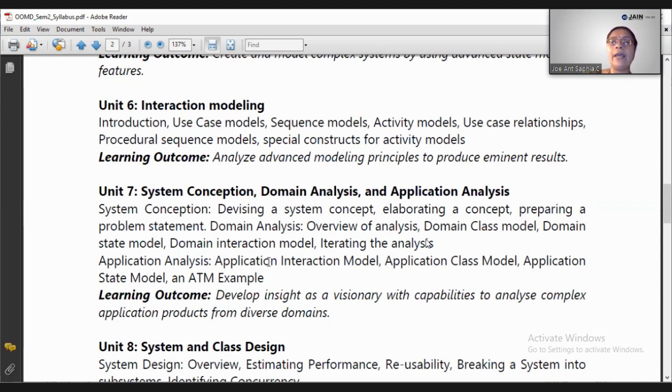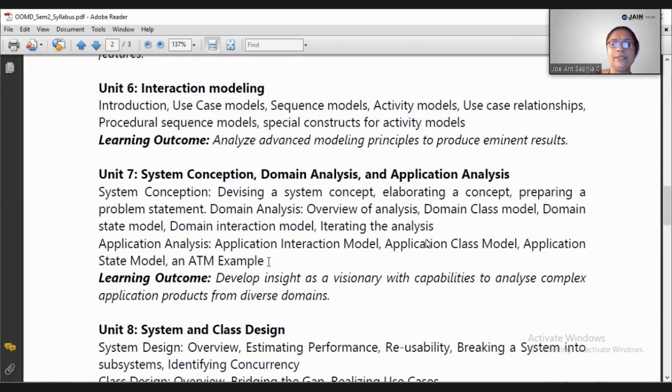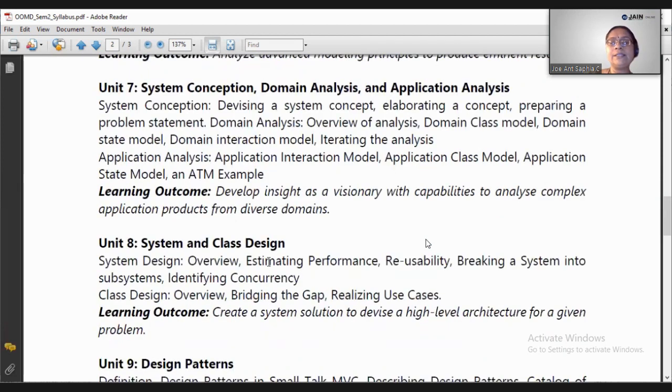With these analyses, which diagrams we use in the analysis phase as well as the conception phase, such as sequence diagrams, class diagrams, state diagrams, and activity diagrams, we have seen in unit 7.